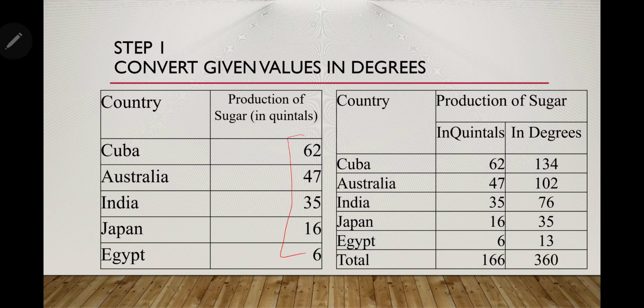The formula to convert absolute value in degrees is component value upon total into 360. For example, 62 will be 62 upon total 166 into 360, which will be 134 degrees. Like this, by applying the formula, we will calculate degrees of all the components.